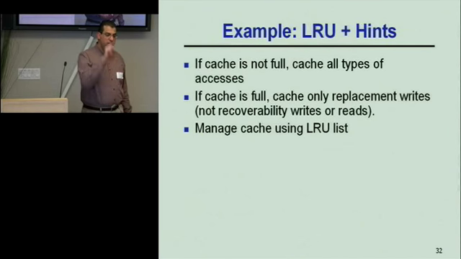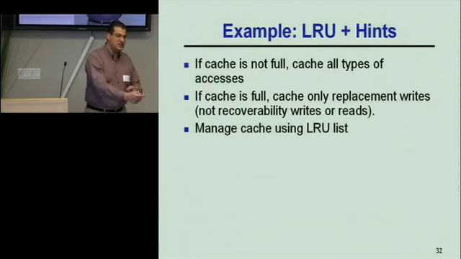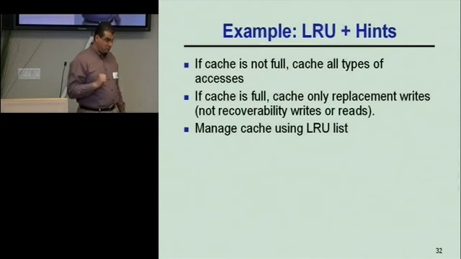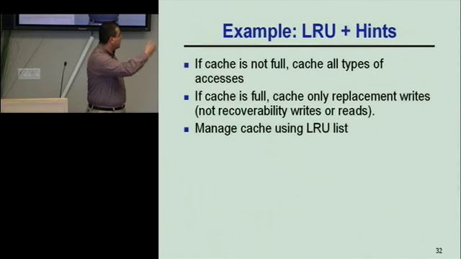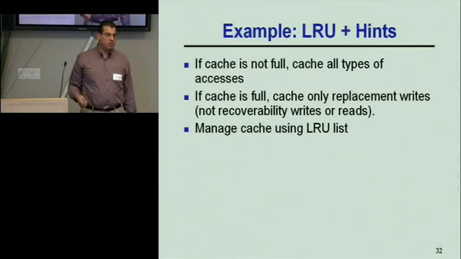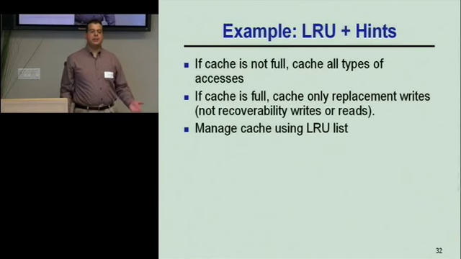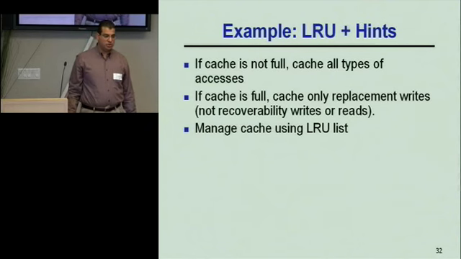Okay? So that's the prime candidate for caching, because at least you're guaranteeing exclusiveness. Even if you can't guarantee a short re-reference distance, at least you're guaranteeing exclusiveness. Okay? And I'm saying this is an extension to LRU, so in this case we manage the cache using an LRU list. Okay?